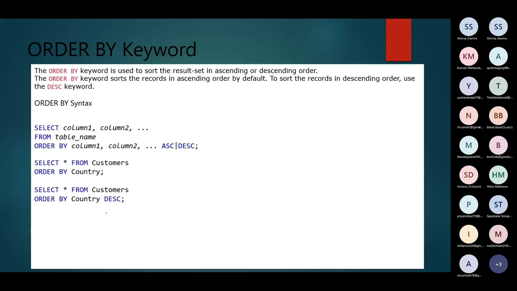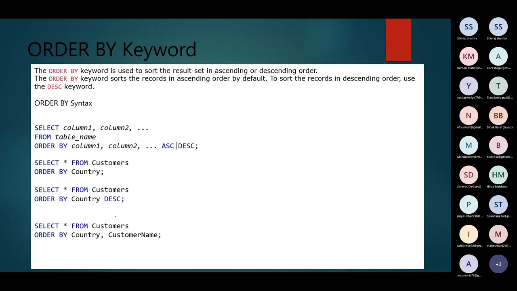Then see, is the country column in descending order? Is it in descending order now? Okay.